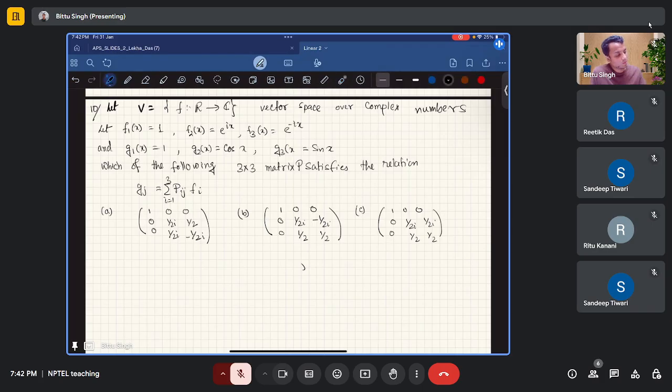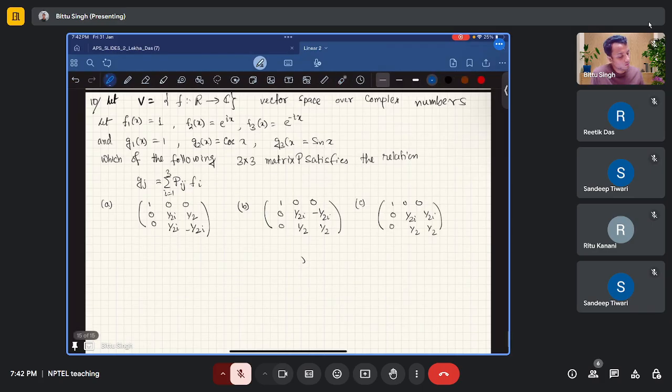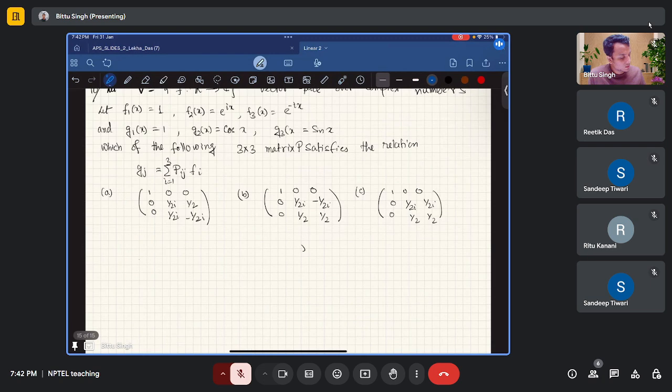Okay, so let me write the solution. You can see that g1(x) equal to 1, which is the same as 1 times f1(x) plus 0 times f2(x) plus 0 times f3(x).